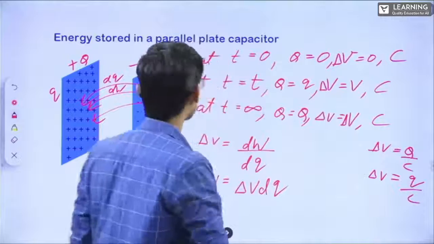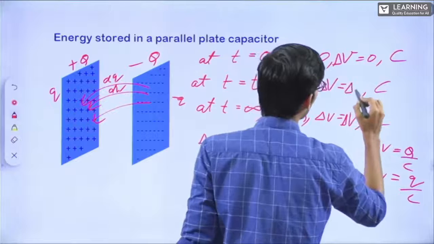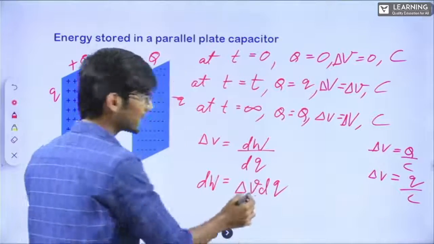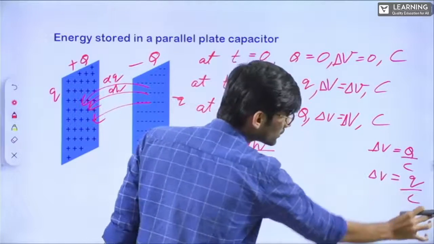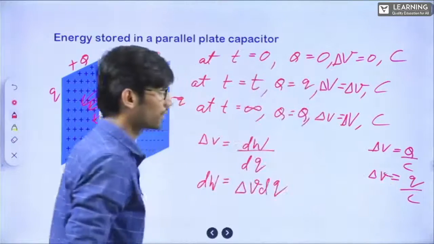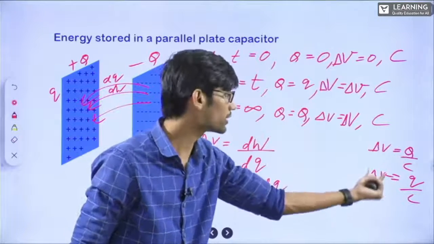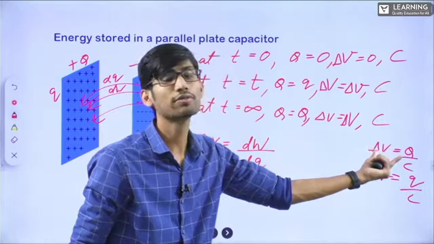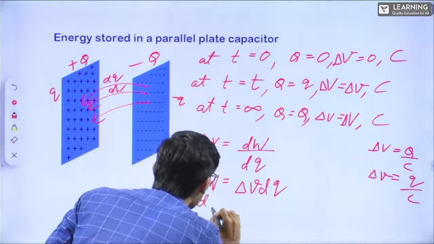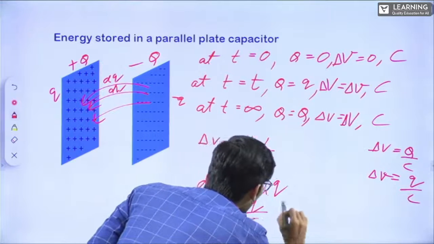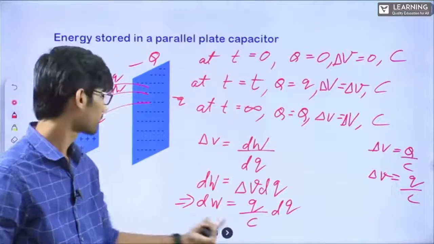At this point it is, let's say, small delta V. This is at time t. So delta V is Q by C. Whether the charge is this or the charge is this will change accordingly, right? This is small delta V at time t, this is at time infinity. So this delta V I can write as Q by C. At time t the charge was small q, capacitance was same every time.